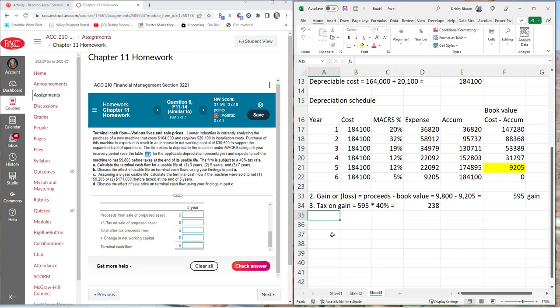Now, in the last step, to calculate the after-tax proceeds, because we have a gain, we're going to take the sale price or the proceeds and subtract out the tax on the gain, because you have to pay a tax on a gain. So we're going to get $9,800 from selling the machine, but we're going to have to pay a $238 tax.